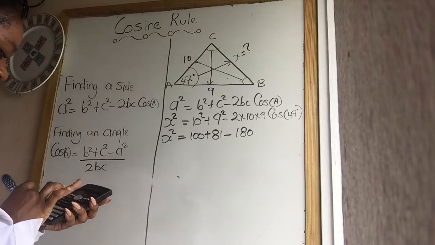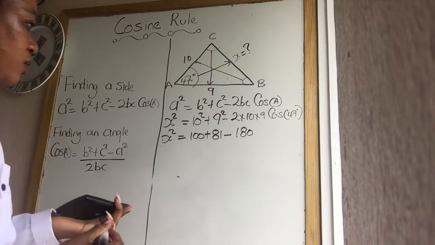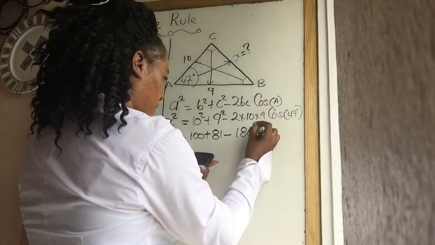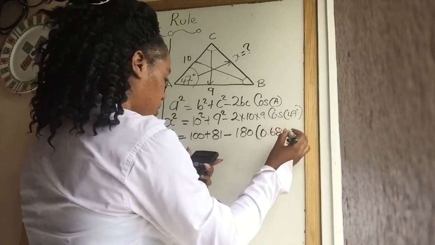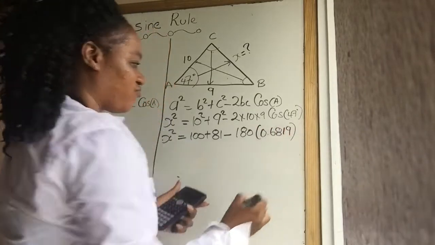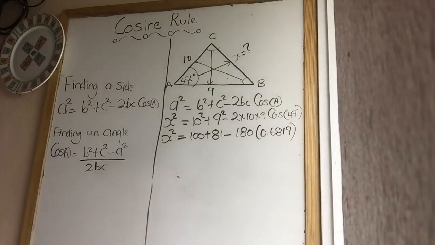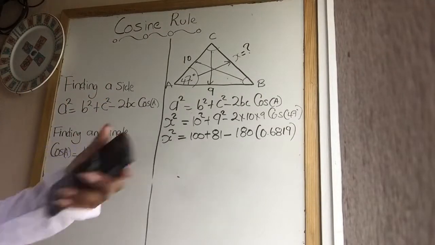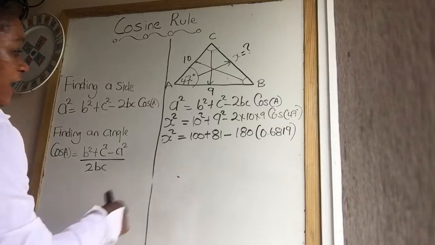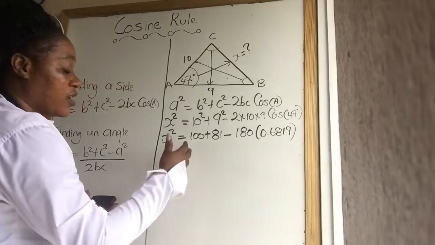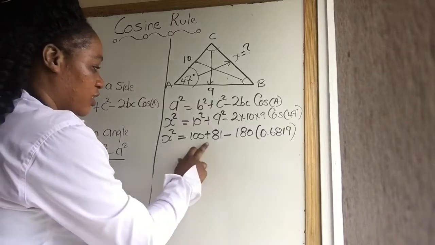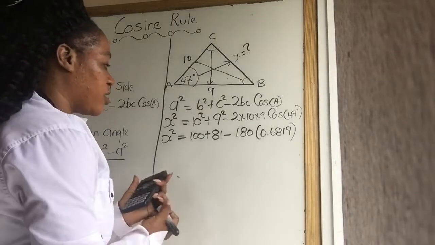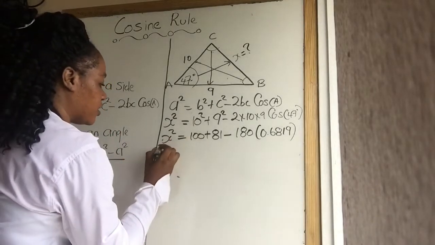Cos 47 is equal to 0.6819. We can clean this up even more, and you can put this straight into your calculator and get the answer, but let's go down a little bit further.